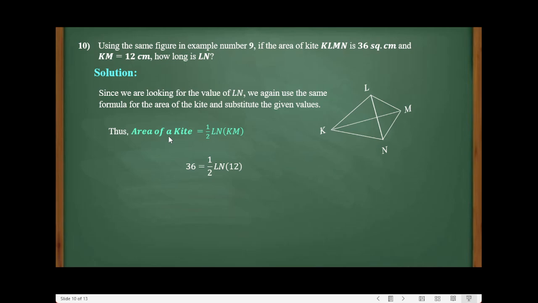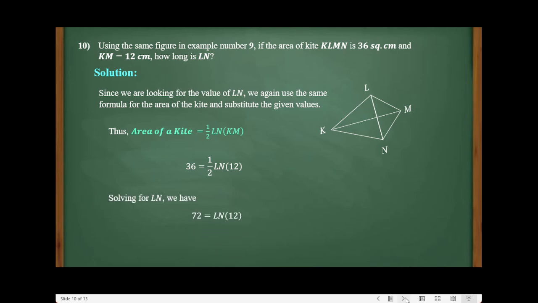One is the area of a kite, 36, then 1/2. Copy this part, 1/2. Then LN is the one we're looking for, so you just rewrite that. But when it comes to KM, we have its equivalent from the given, which is 12. Then you manipulate, now you solve this equation for the value of LN, and what do we have?